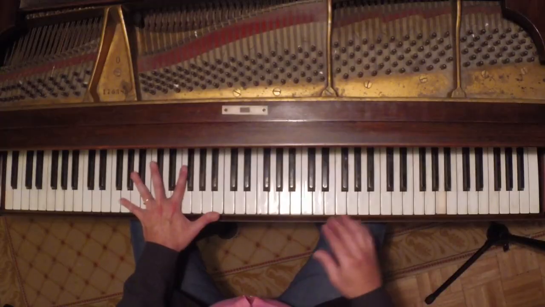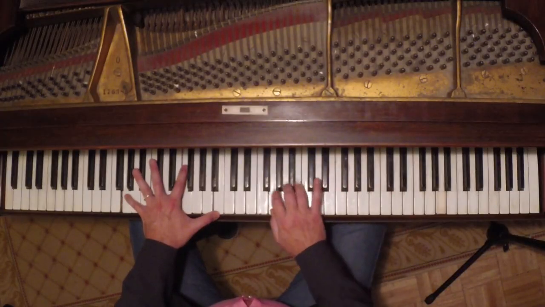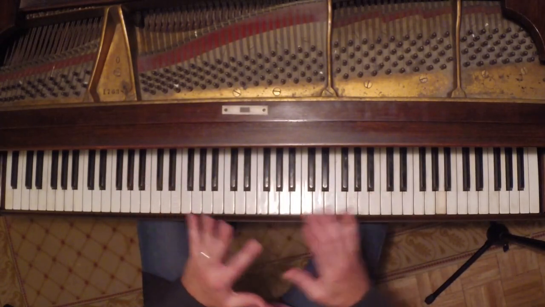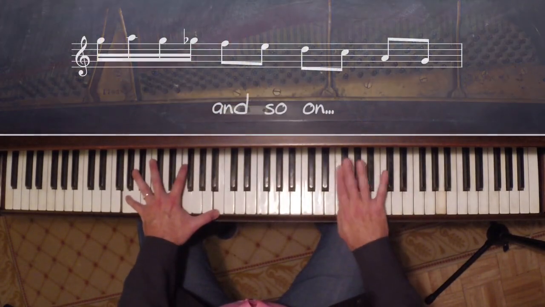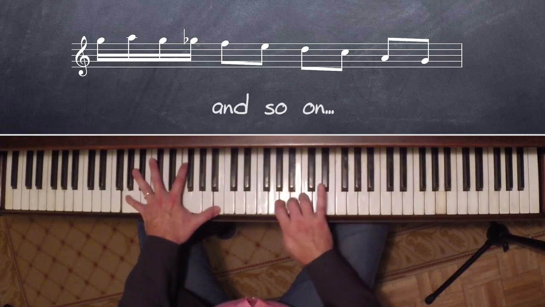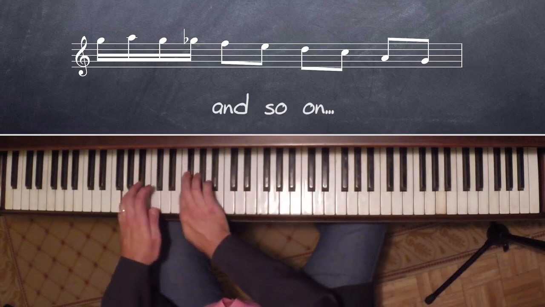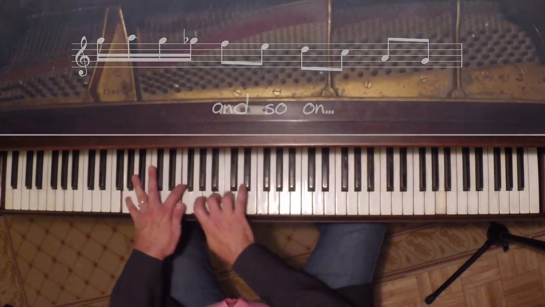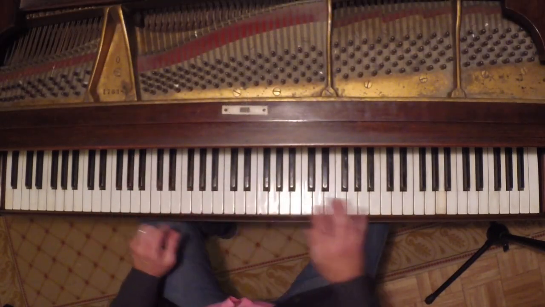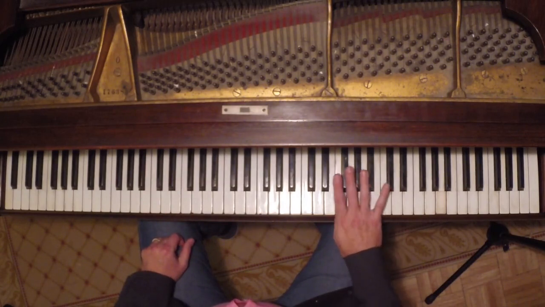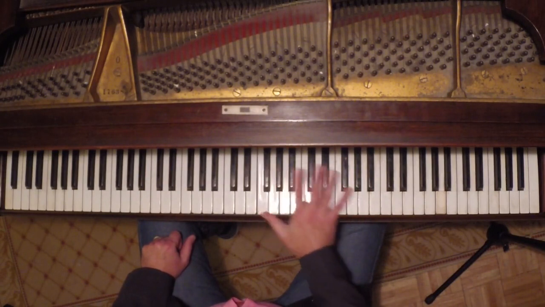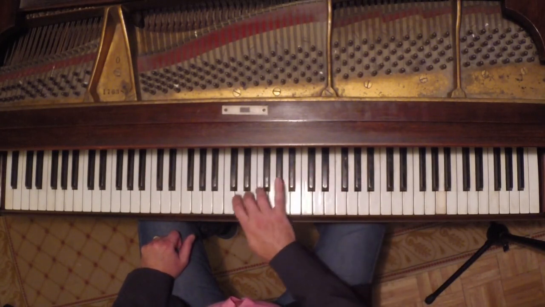So let's say you're playing the bebop scale in the dominant chord. We can vary that by using 4 16th notes. That's 4 16ths. 1 E and a 2.